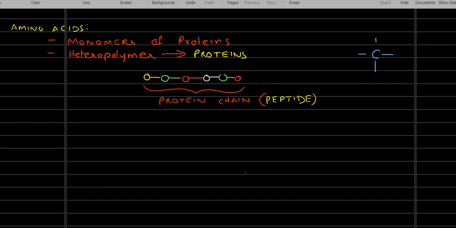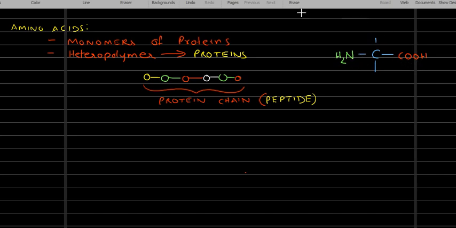Along with it, it has two characteristic groups: one is the amino group, NH2, and another one is the acidic group. These are the two major characteristic groups present in an amino acid, and that is the reason the name goes amino acid. That means something to do with amine, and acid something to do with the carboxyl group.